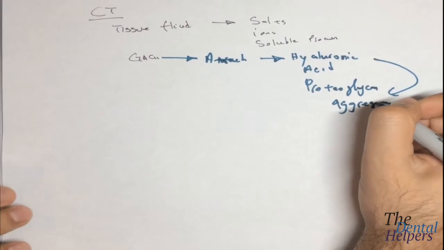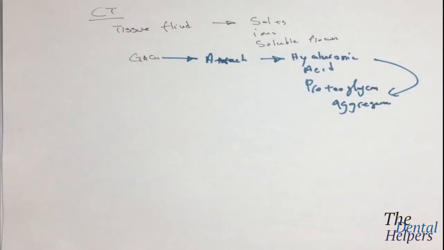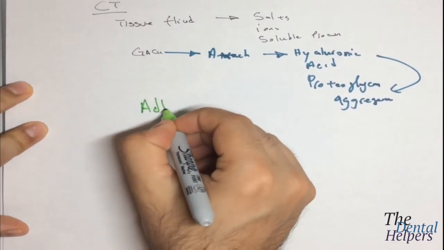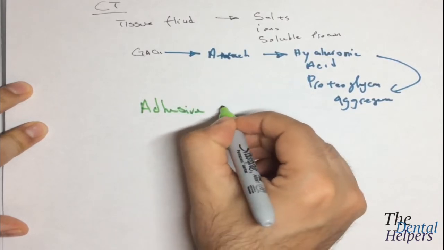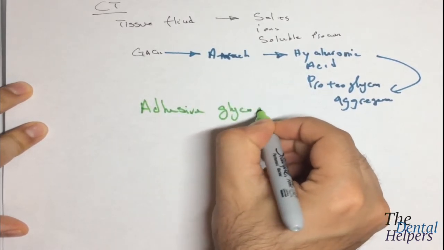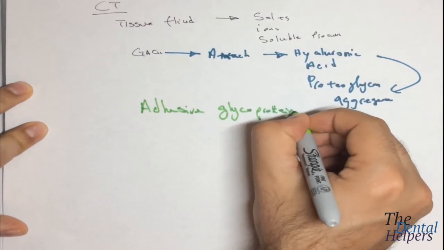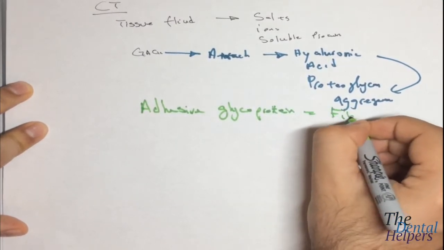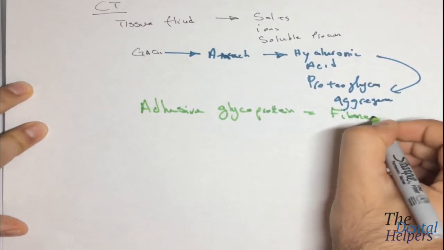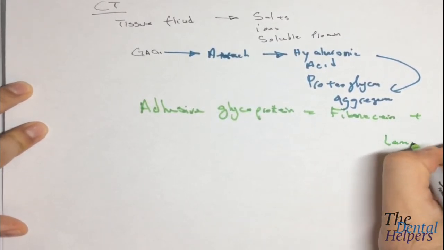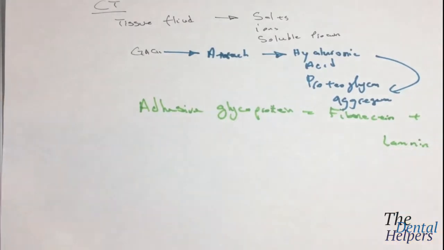Now when we look at the adhesive glycoprotein, on the other hand, so an adhesive glycoprotein is basically fibronectin and laminin.